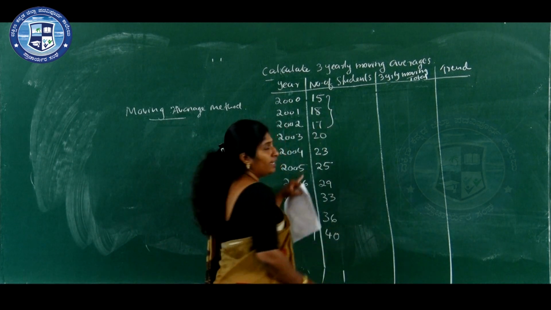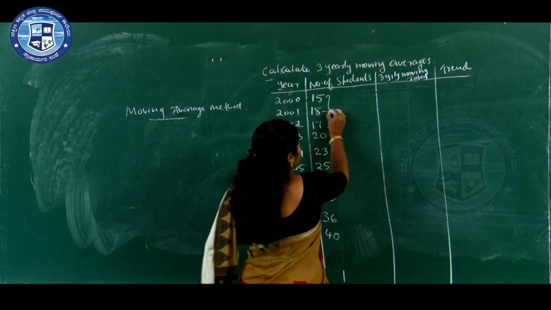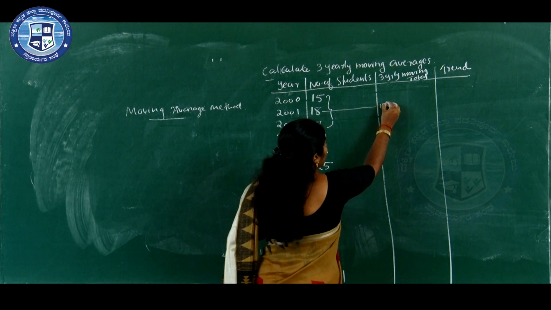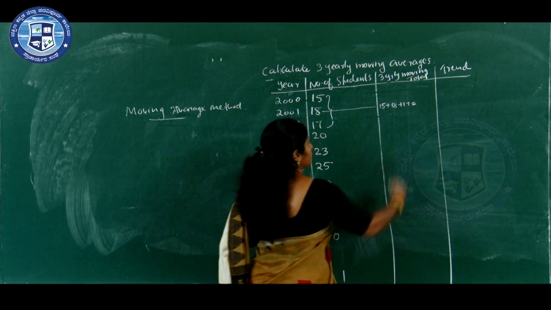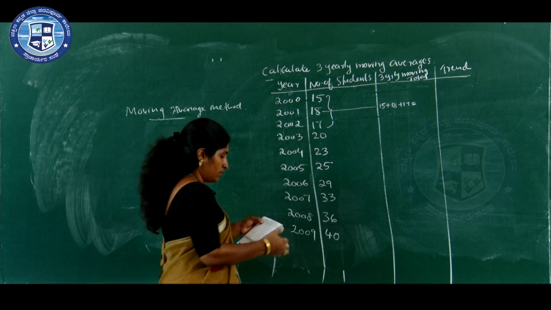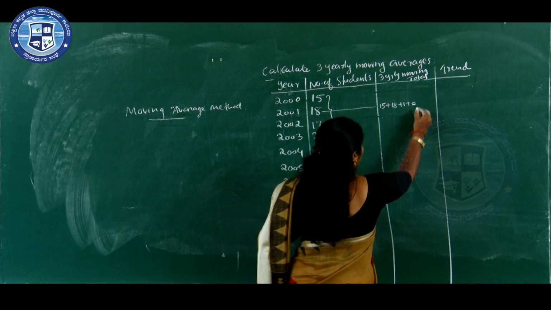15, 18 and 17. That is 15 plus 18 plus 17, that is 50.